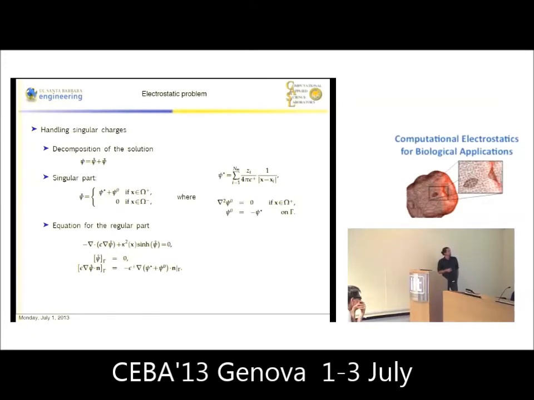For the singular part, we take this expression. It's pretty standard. And what I want to say here is that at the end of the day, we end up with this equation to solve, which is pretty much just the Poisson-Boltzmann equation. Now we still have the continuity of the electric potential, but we have a non-zero jump in the flux of the potential.